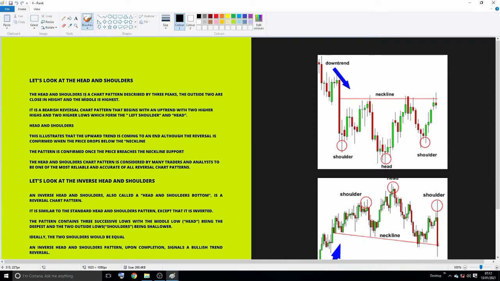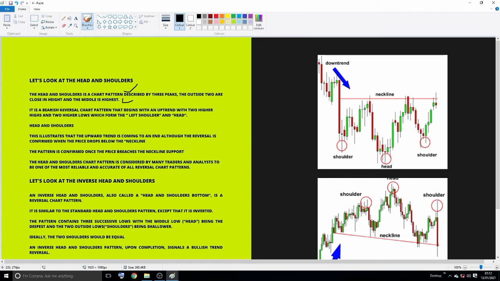The head and shoulders is a chart pattern described by 3 peaks. The outside 2 are close in height, and the middle is the highest.